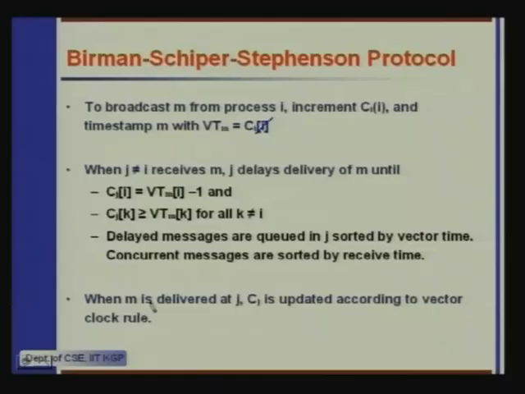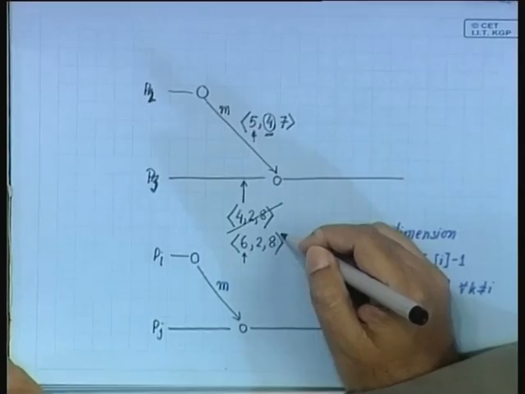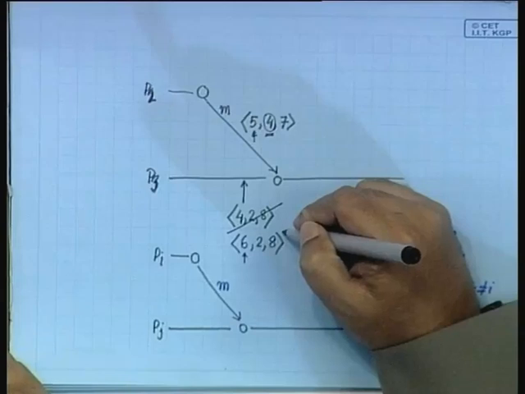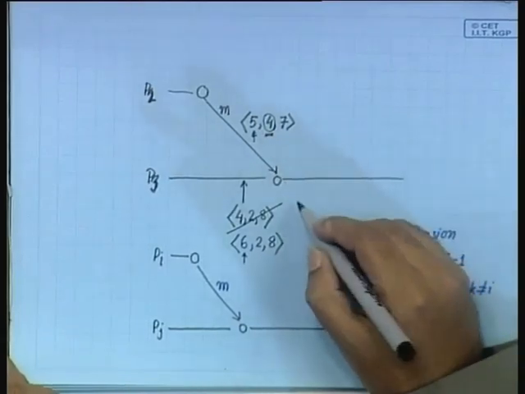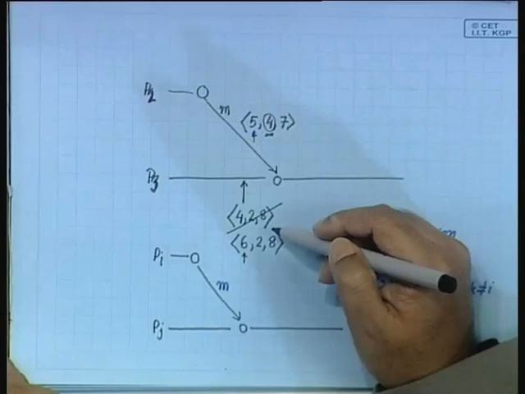Finally, when m is delivered at j, Cj is updated according to the vector clock rule. All right. In that case, the example will be updated, like only the second dimension will get updated. The example is true. In the example here, when we update this with this message, we will take the max of all the dimensions, right.